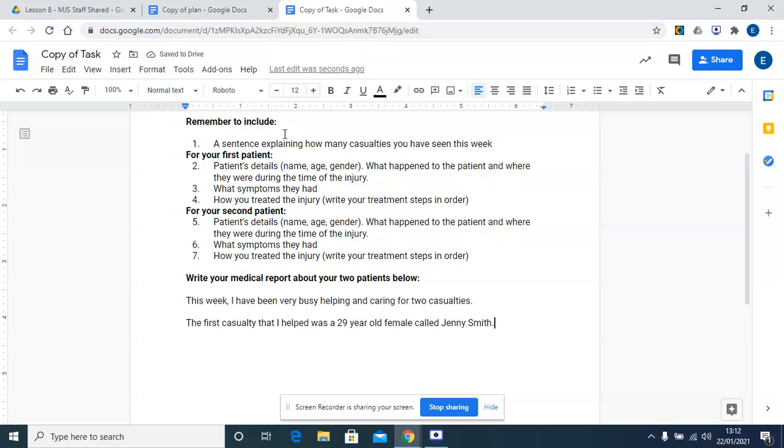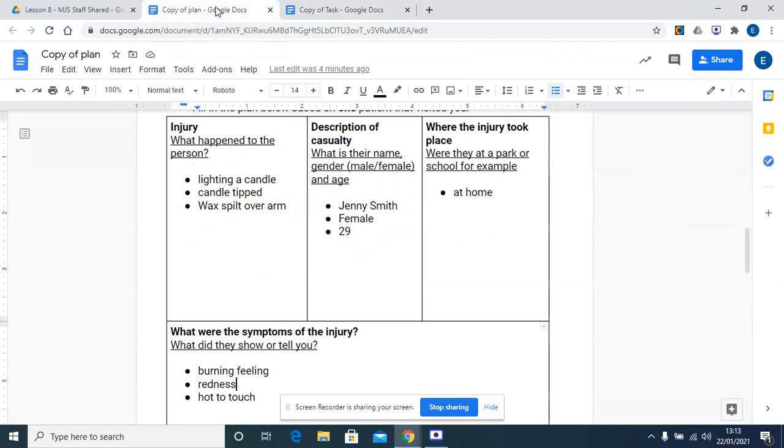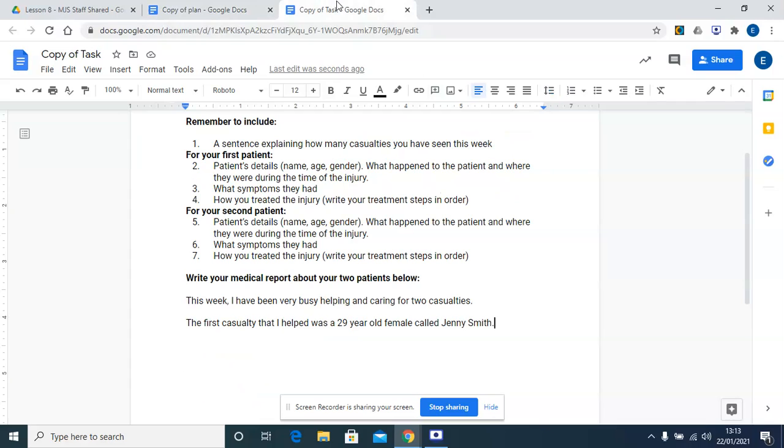And then it says what happened. So, still in this second paragraph, what happened to the patient and where were they during the time of injury? We can flip back to our plan. It'd be really good if you could have your plan up from the day before to help you. So she was lighting a candle, the candle tipped and wax spilt over her arm. She was at home.